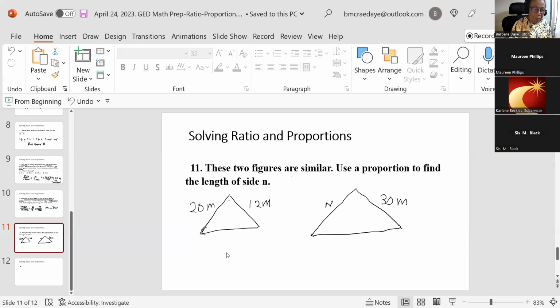Look, 20 and 12, 30 and N. Come on. There's three sides.